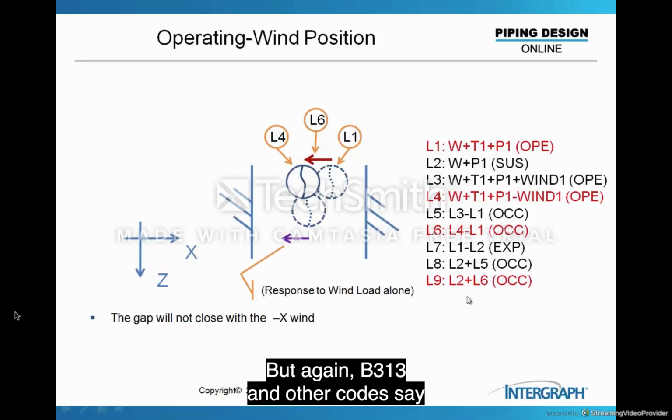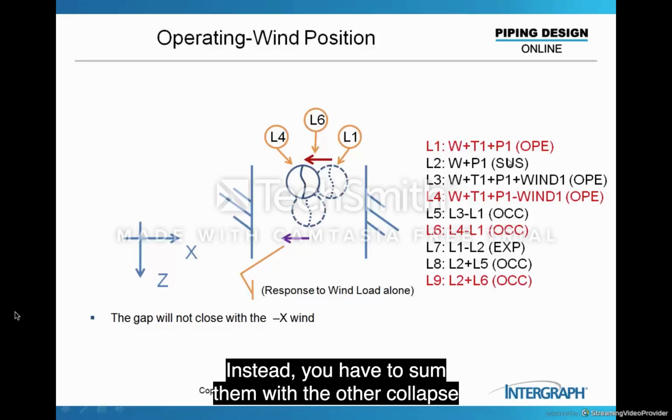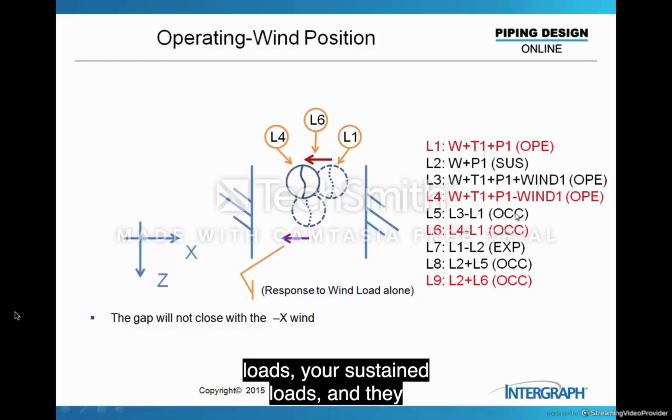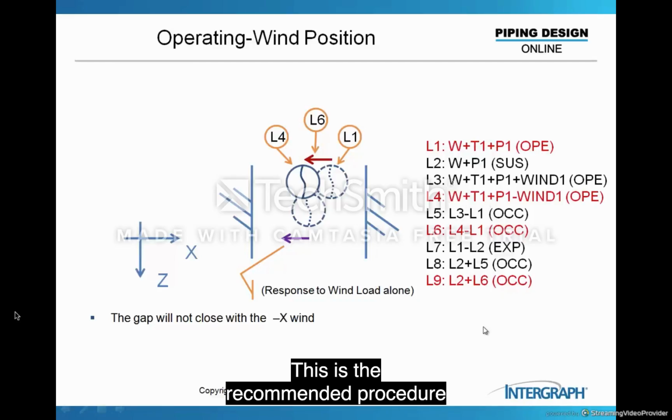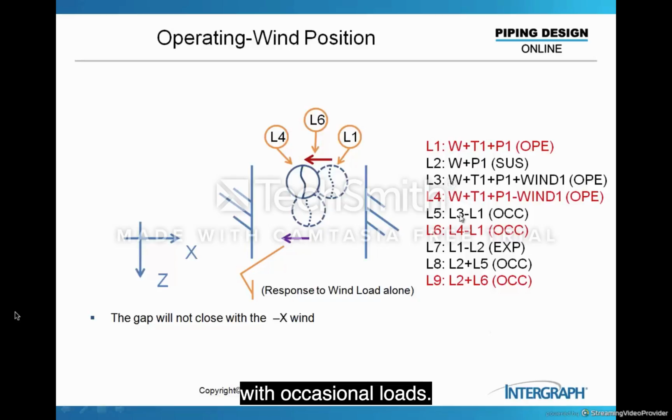But again, B31.3 and other codes say you can't evaluate these occasional loads alone. Instead, you have to sum them with the other loads, your sustained loads, and they must be less than a value greater than SH. This is the recommended procedure that we would give you if you are doing nonlinears with occasional loads.